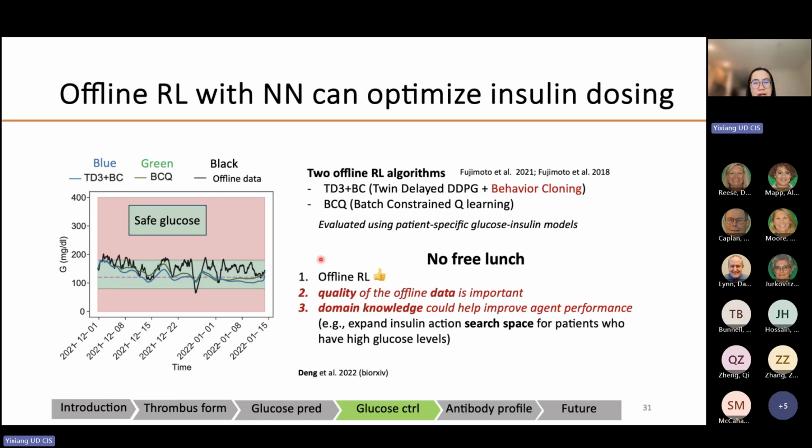However, we also find there is no free lunch, because the quality of the offline data is very important in deciding whether the training will be successful. And third, we found that domain knowledge could help improve agent model performance. Specifically, I found that expanding the insulin action search space for patients who have higher glucose in the offline data collected will help the offline training of the reinforcement learning.